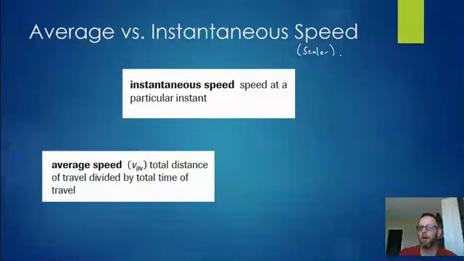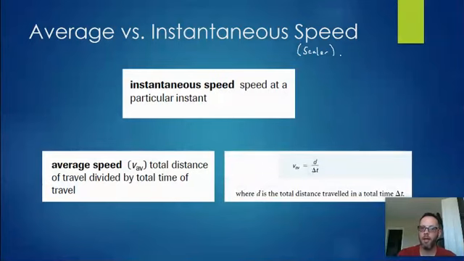But if we knew how far the car traveled and how long it took, we could find an average speed. Average speed is just the total distance traveled divided by the total time, delta t. As a side note, maybe you used a different notation in your grade 11 course, and that's fine. You can stick to whatever notation you're comfortable with, but I think this notation here makes sense.